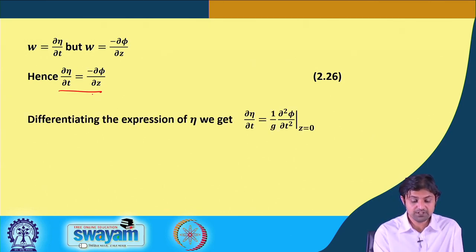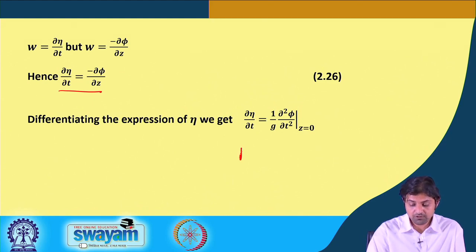If we differentiate the expression of eta, what do we get? Del eta by del t is equal to 1 by g, you remember that term at z is equal to 0, 1 by g del square phi by del t square.